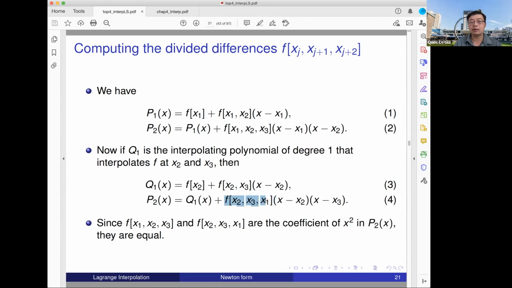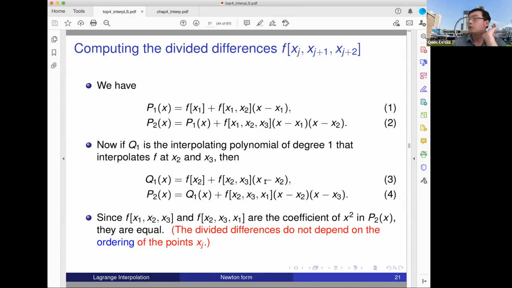Actually they are the same, because P2 is a polynomial of degree 2, and so the coefficient of x squared has to be the same. So that is the 2 observations. The first observation is that in 2 and 4 the left and right-hand sides are the same. The second is that the coefficient of x squared in 2 and 4 is the same.